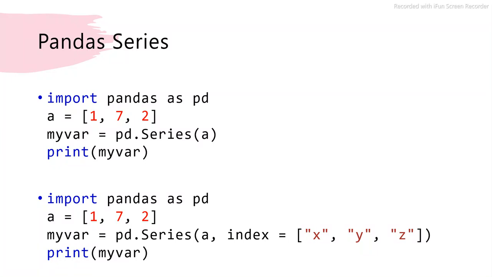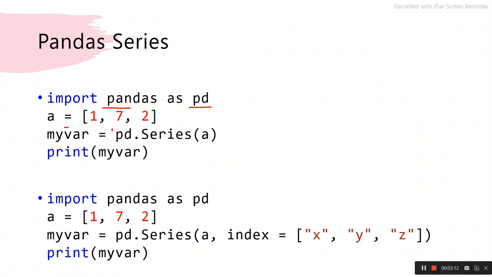Now let's start with how to create a small series. A series is like a row of data, or you can call it a column of data. This is the code to create a simple series of data. Here we just import pandas as pd. pd is the short name for the pandas library, and I am creating a list, a equal to, with 3 elements, 1, 7, 2.